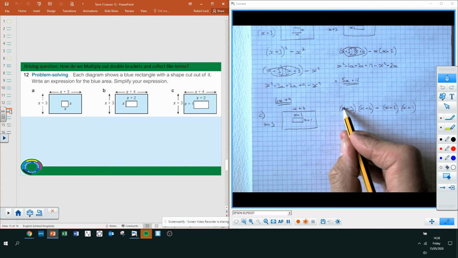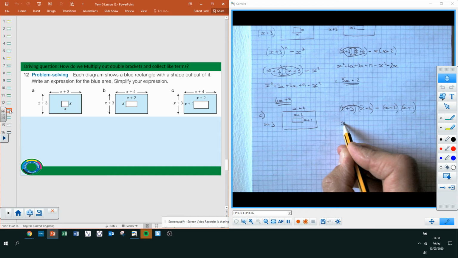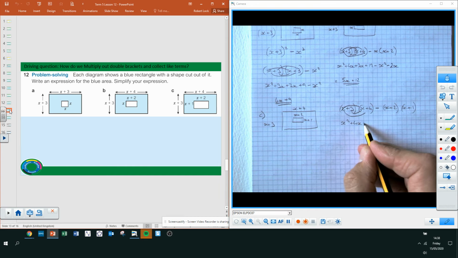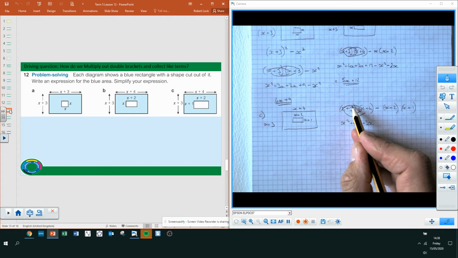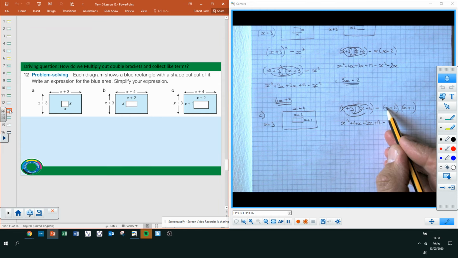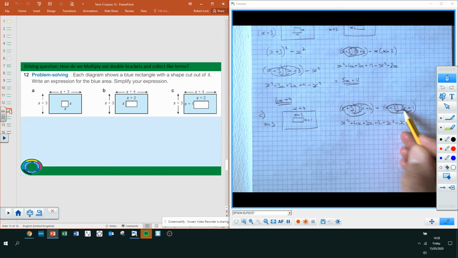So, multiply out the brackets. x times x is x squared. x times 4 is plus 4x, plus 3x, plus 12, minus x times x, x squared. x times 1 is x, and a minus times a positive makes a minus x. Plus 2 times x is 2x, and 2 times 1 is 2.